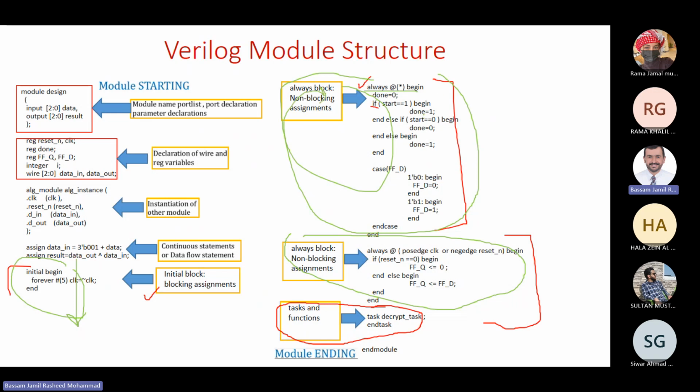We looked at what we can have in terms of if statements, for loops, and a case statement and other structures that I can implement in the always block. Okay, I'm going to stop the recording of this lecture.